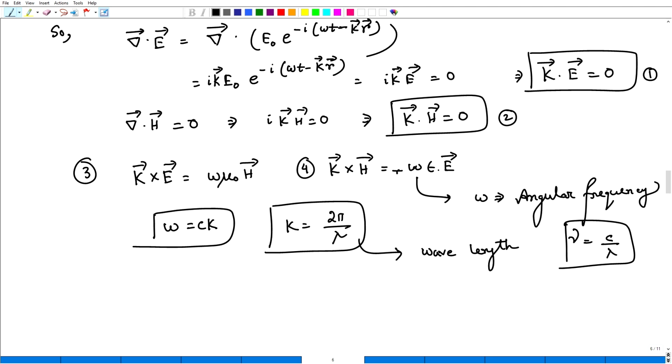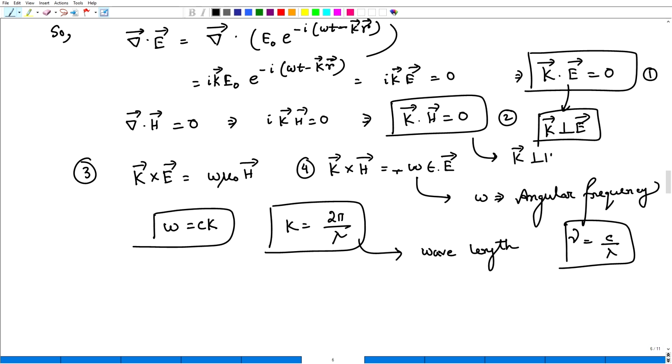So, now what are the outcomes of these 4 equations we obtained? The first equation, what it says, it is the dot product of the wave vector and the electric field, and that is 0, which means that electric field and the wave vector are perpendicular to each other.